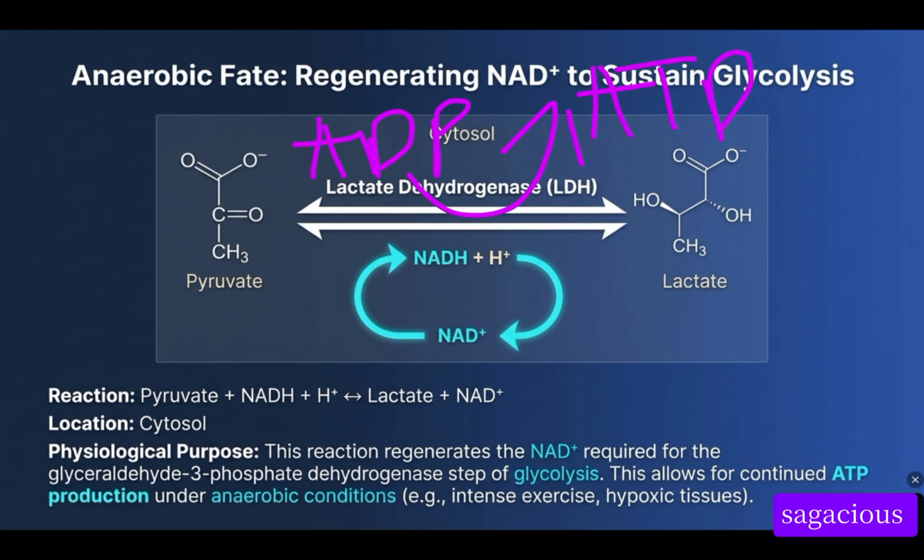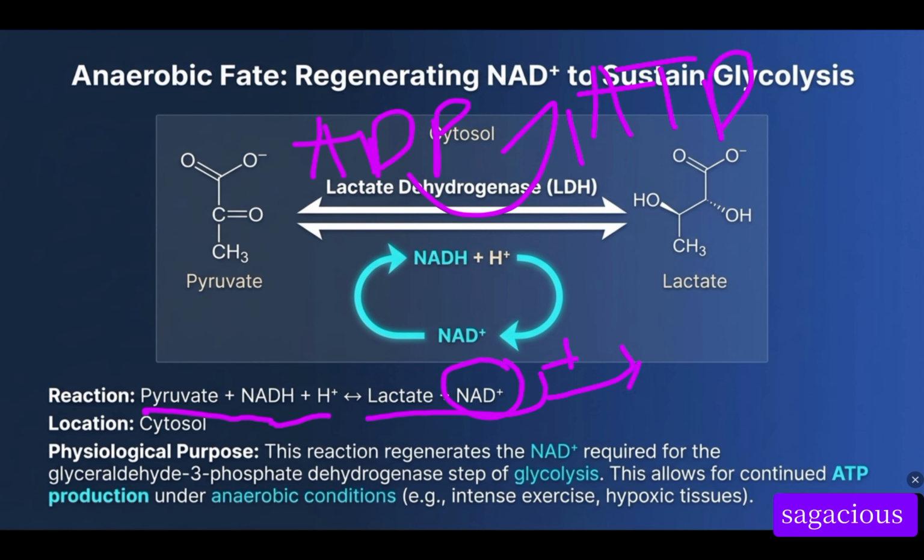Remember that. So the equation is: pyruvate reacts with NADH plus hydrogen ion in the absence of oxygen. Don't forget that in an anaerobic process, absence of oxygen, this converts them to what? Lactate and NAD positive. This NAD positive will stimulate the formation of what? Pyruvate, in the process called glycolysis.